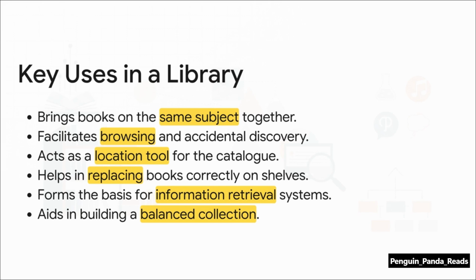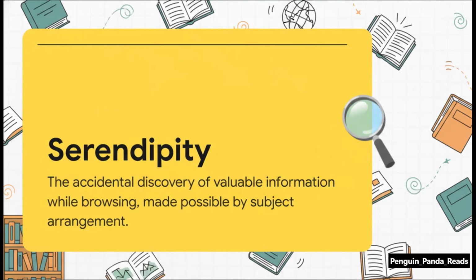It's about bringing related materials together, helping with correct reshelving, managing the collection, and, really importantly, allowing for discovery. And that brings us to a fantastic keyword you should definitely use in your answers, serendipity. That's that magic moment when you're looking for one specific book and you find an even better one sitting right next to it. That's not just a happy accident, it's a direct result of a well-designed classification system.